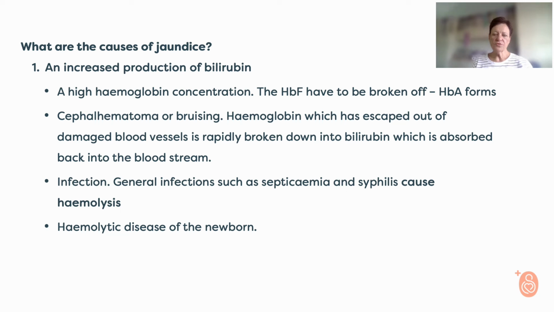So now what causes babies to develop jaundice, and we call it physiological jaundice because it's a kind of normal process. Now, first of all, in some babies, there's an increased production of bilirubin. As we've said, there's this high concentration of fetal hemoglobin that needs to be broken off and replaced by adult hemoglobin, and that means there are more red blood cells that need to be broken down.